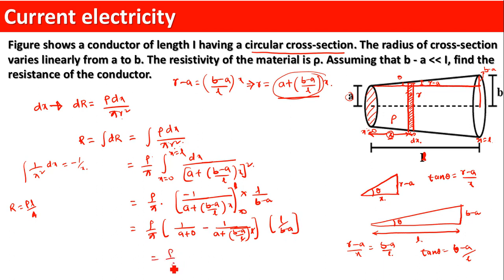So rho by pi into 1 by A minus, and you are left with A plus B minus A, so this A and this A also get cancelled once again. You will get 1 by B. So this is nothing but L by B minus A. So let me write it here.